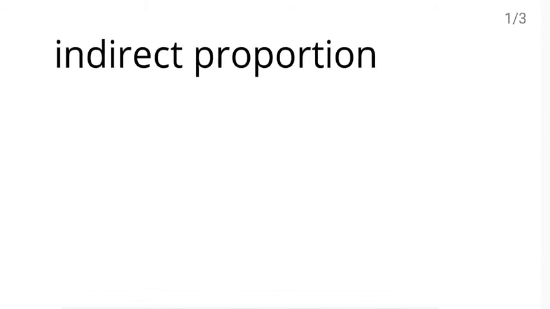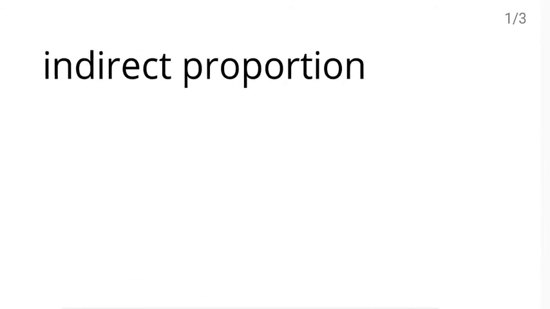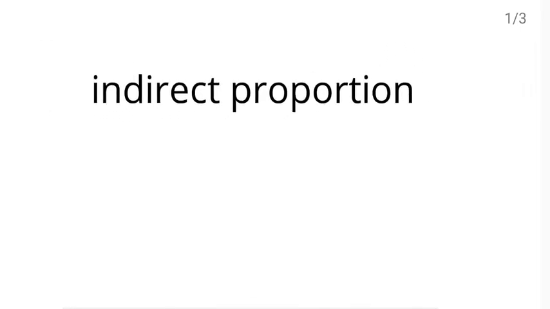So I want to go straight to our examples, but before I go to examples, also remember that you can also call indirect proportion inverse proportion. So inverse proportion is the same as indirect proportion, and the symbol for proportion is this one.